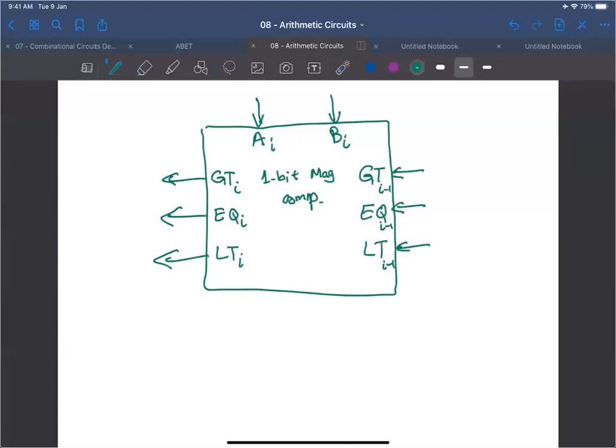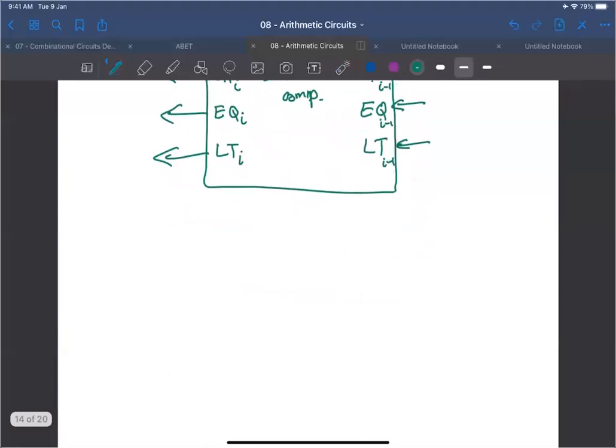All right. Now, in order to illustrate what I mean by a bit slice, let's take an example. Suppose that my A is this number.